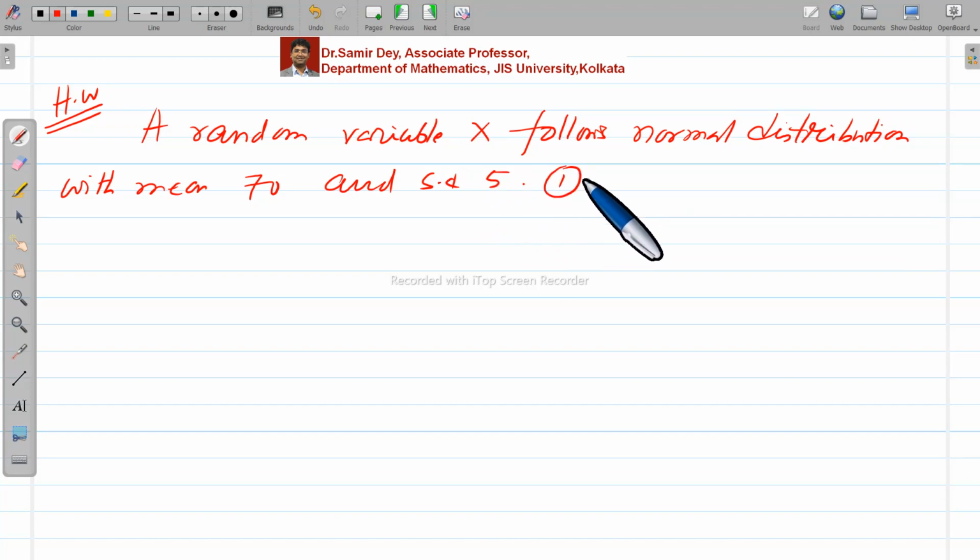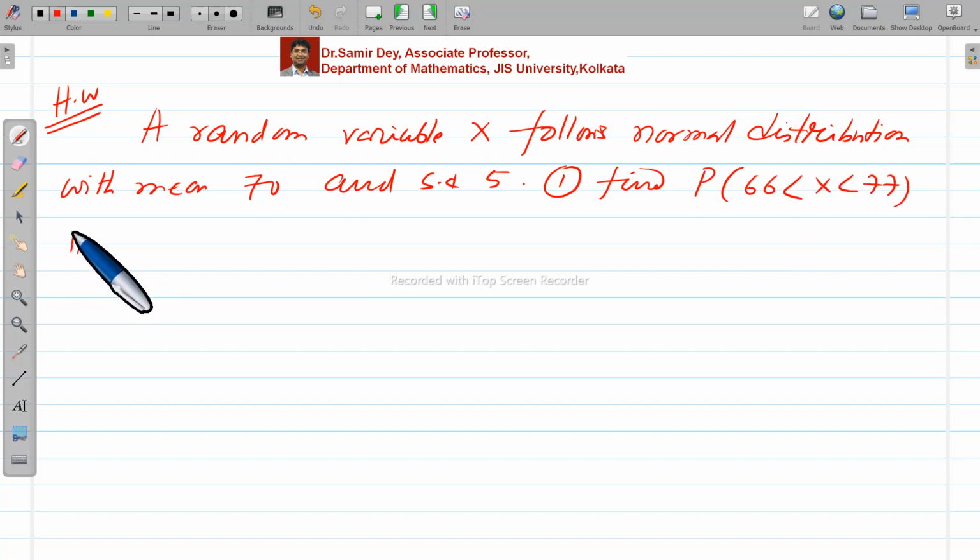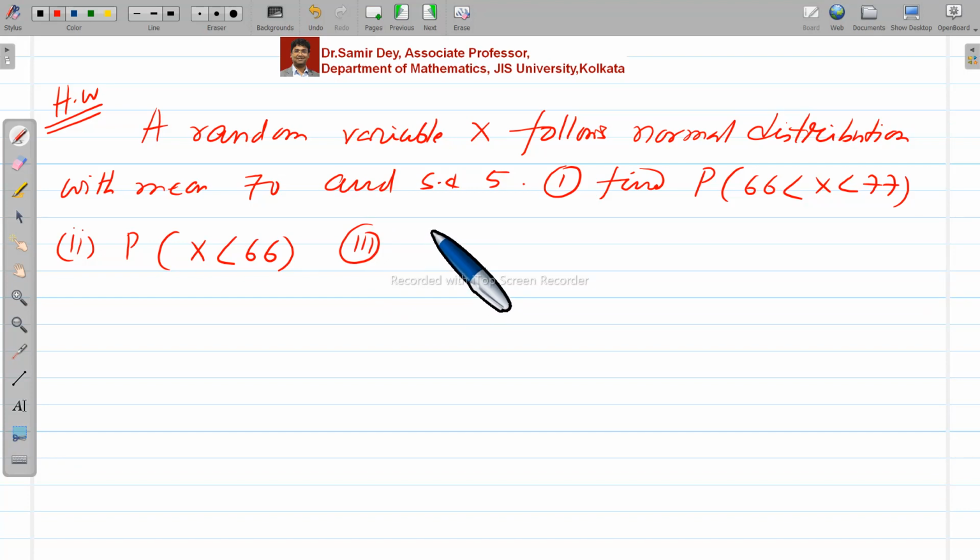Number 1, find probability 66 less than x less than 77. Number 2, probability x less than 66. Number 3, same question, probability x greater than 77.